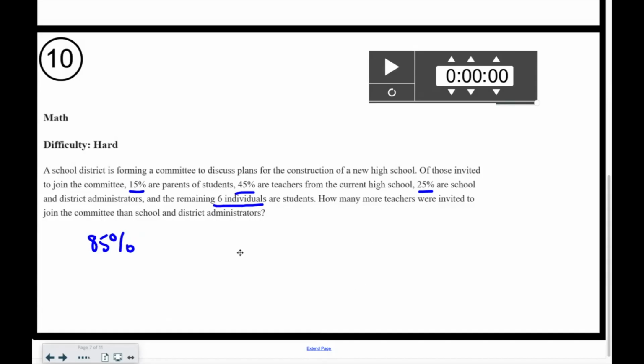The way we can do that is 0.15, which is 15%, times X, where X is the total number of people, is equal to 6. So 15% of the total is 6. You just divide, and this tells us that X is 40. That's not the answer, but it tells us how many total people are on this committee.